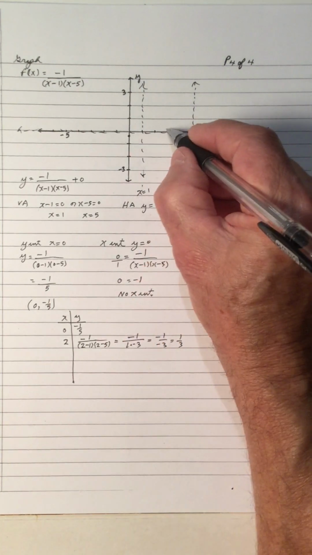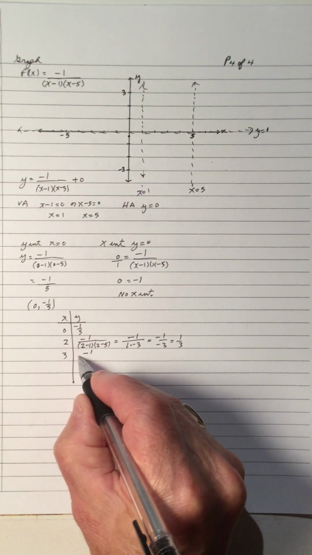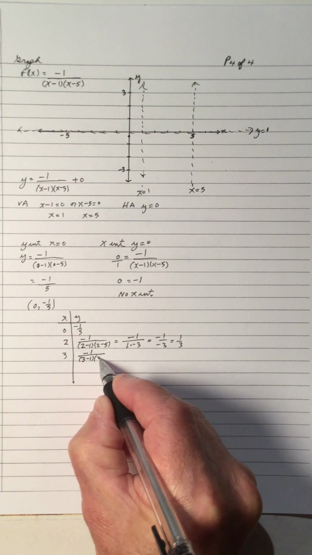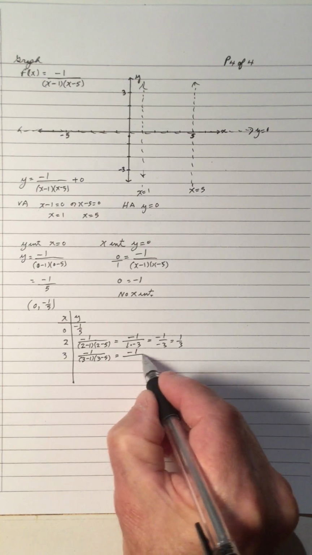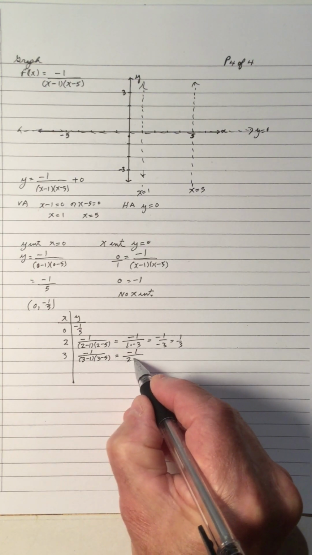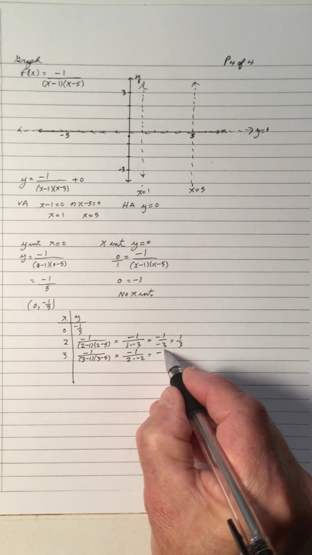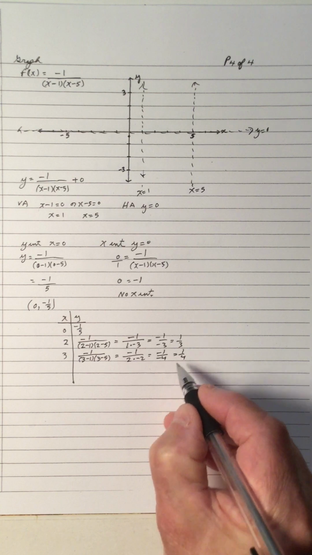We'll plot these after. Let's put in a 3. So it's negative 1 over 3 minus 1, 3 minus 5, which is 2 times negative 2. So negative 1 over negative 4 is 1/4.